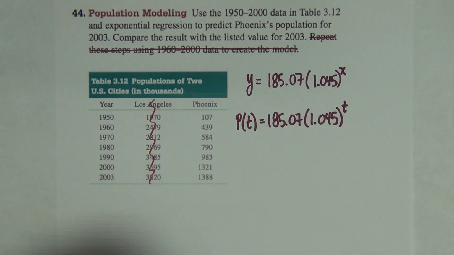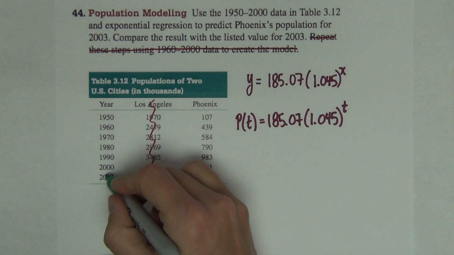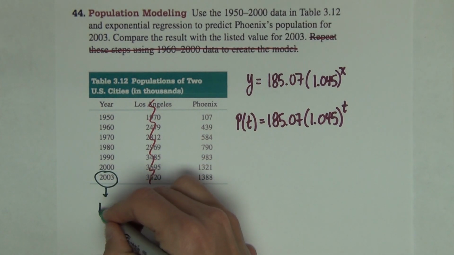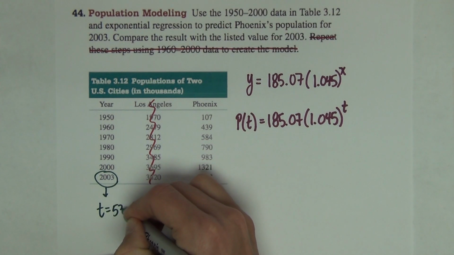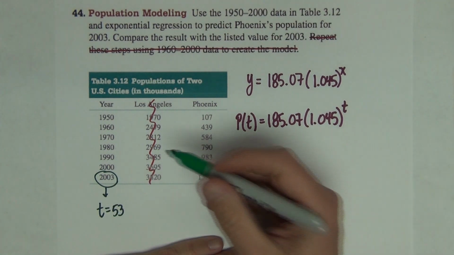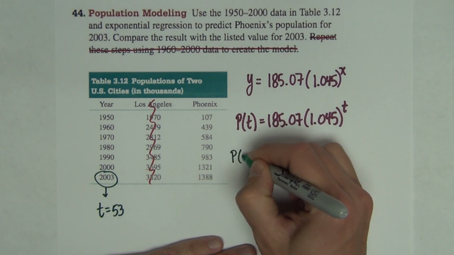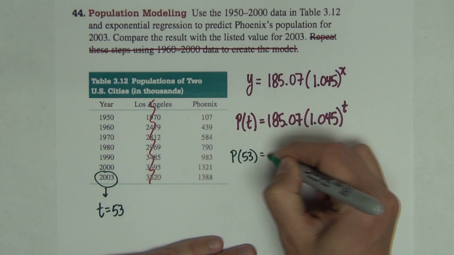What we want to do now is use this model to predict the population of Phoenix in this year right here, 2003. And 2003 would be represented by a t-value of 53. It's 53 years from 1950. So we want to find P of 53.